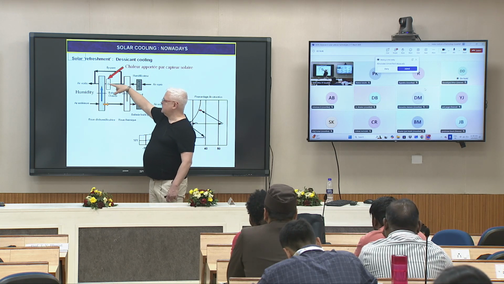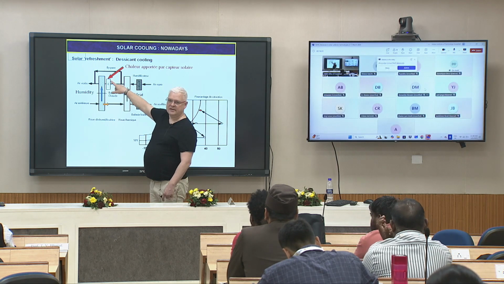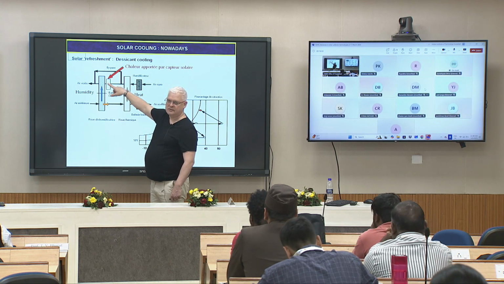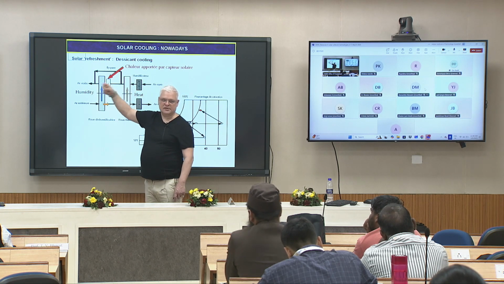Then we are heating this air, and it is here that the solar thermal is coming. We are heating this air just before crossing the desiccant wheel.